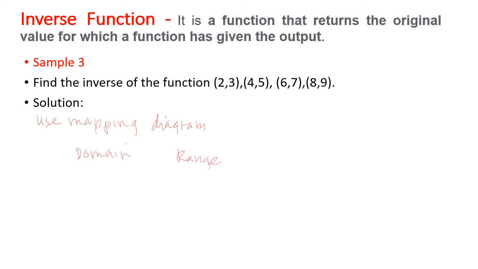On the inverse function, the domain 2, 4, 6, 8 becomes the range, while the range becomes the domain. So the range here would become 3, 5, 7, 9, and the range would become 2, 4, 6, and 8.